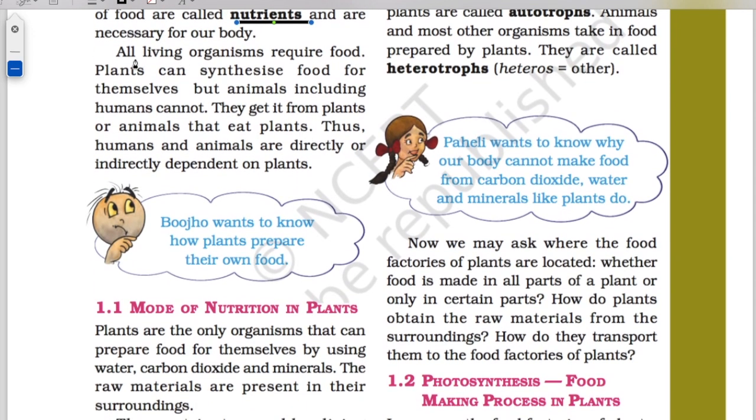Because all living organisms require food.